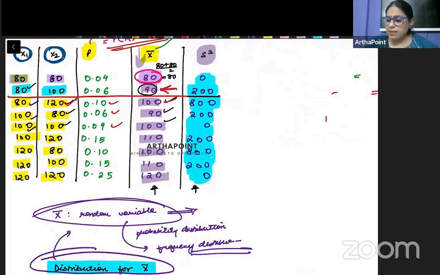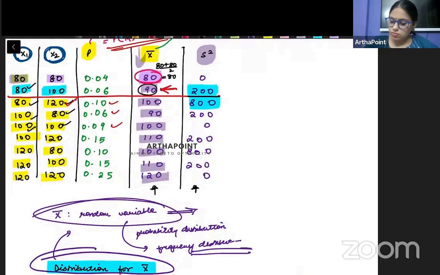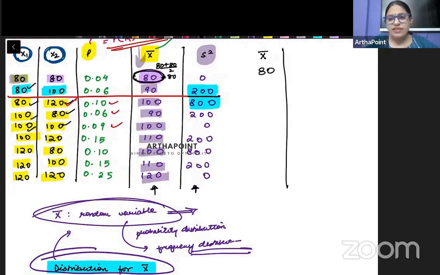And just focus on sample mean for now. Okay, so look that I want to focus on sample mean being 80. So, children, where all do you see the value 80? Here I see 80. Do you see anywhere else the value coming 80? No, we don't. So the frequency of x bar will be 1.